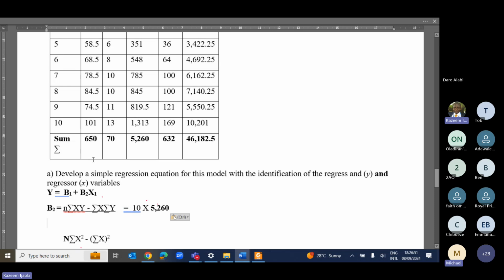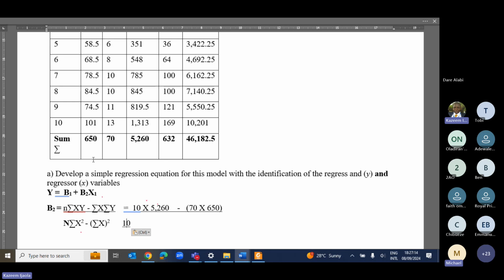Minus summation x times summation y. Summation x is 70, times 650. Then you divide it by n. Your n remains 10.